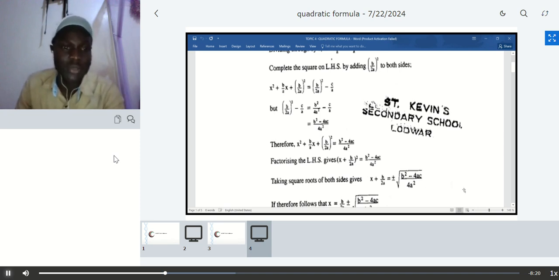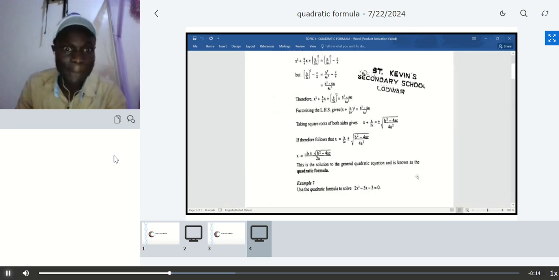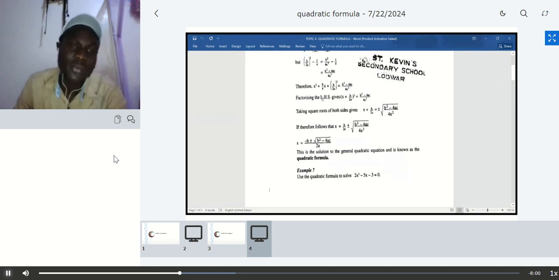But b over 2a squared minus c over a is equal to b squared over 4a squared minus c over a, which is equal to b squared minus 4ac over 4a squared.